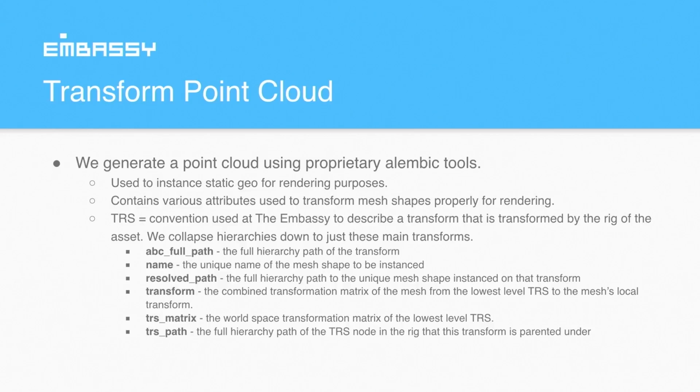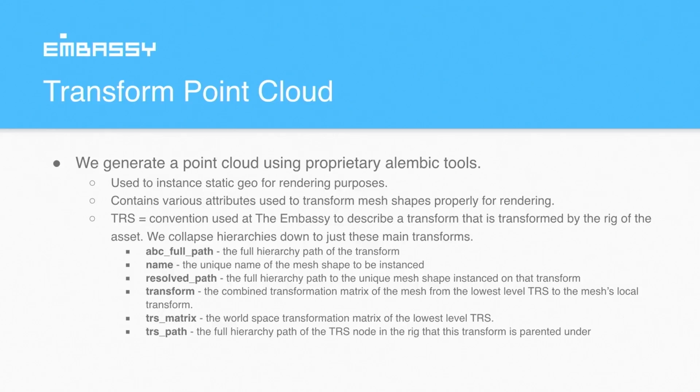So then from our proprietary Alembic tools, we get a list of attributes on each of those things. We have the ABC full path, which is the full hierarchy path of the transform, the name of the mesh shape that's associated with that point, the resolve path, which is the full hierarchy path to the unique mesh shape for instances, the transform, which is the combined transform matrix of the mesh from the lowest level TRS that it's under to the mesh's local transform.